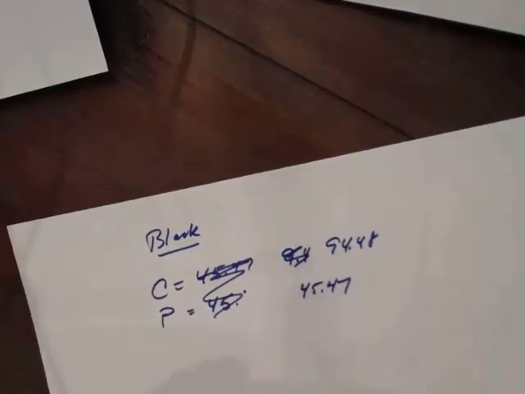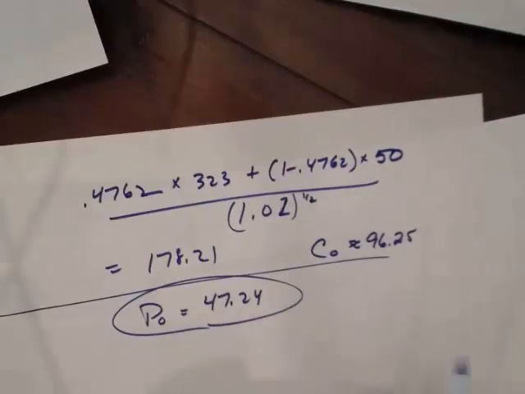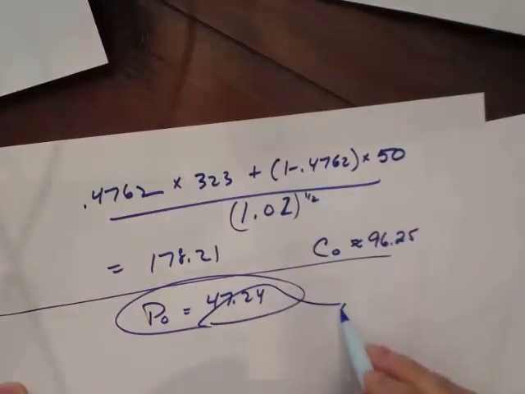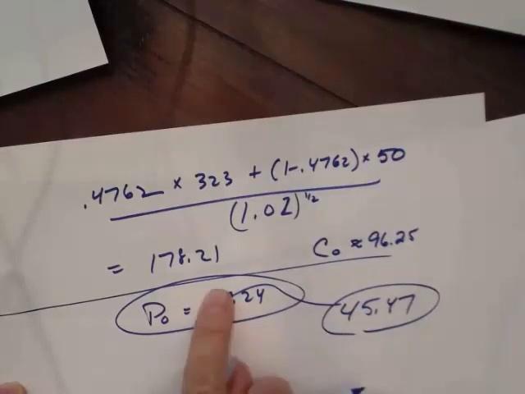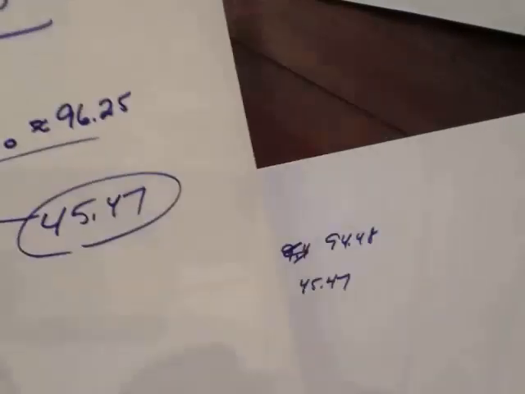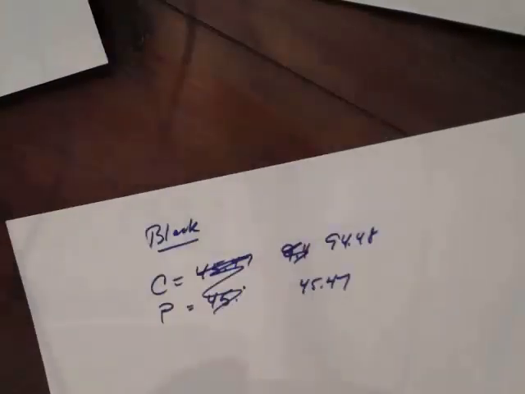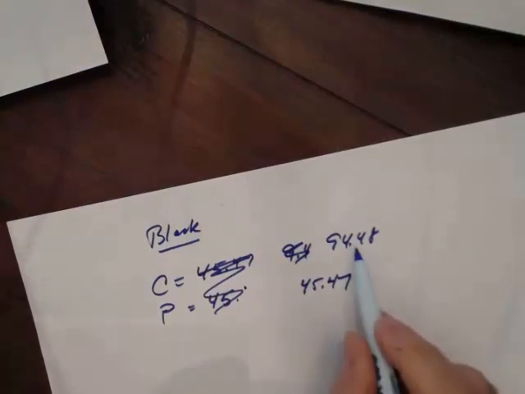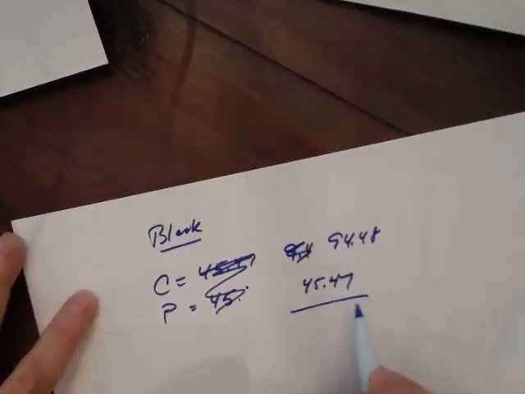And by the way, I just noticed I had a mistake. I'll have to fix the video. The put according to the Black model, computed from the software, is 45.47.